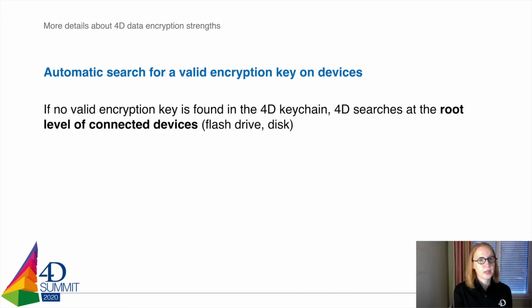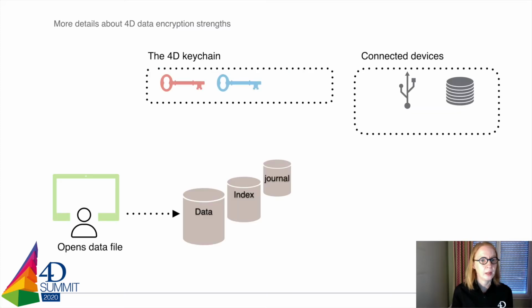Another important strength is that there is an automatic search for a valid key on devices. If no valid encryption key is found in the keychain, then 4D searches at the root level of connected devices, for example, a flash drive. Here, we open an encrypted data file.